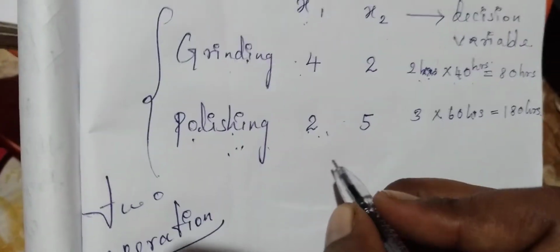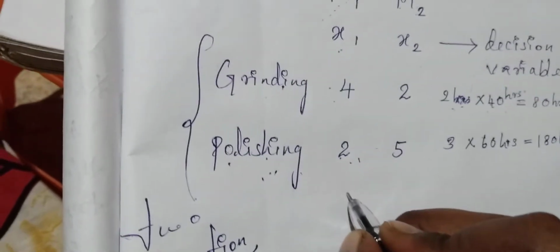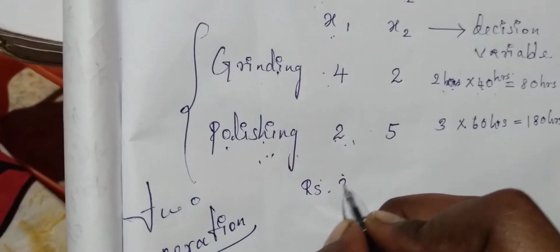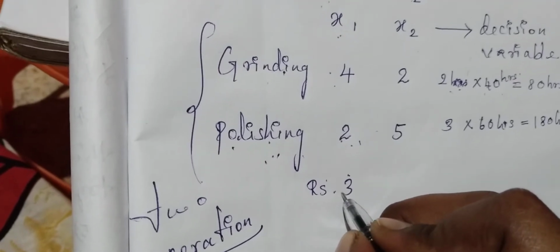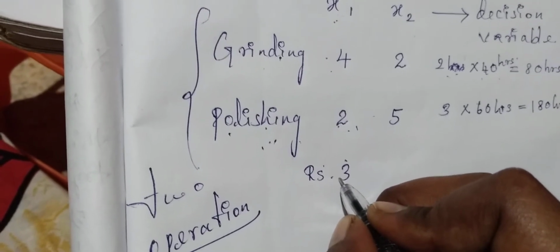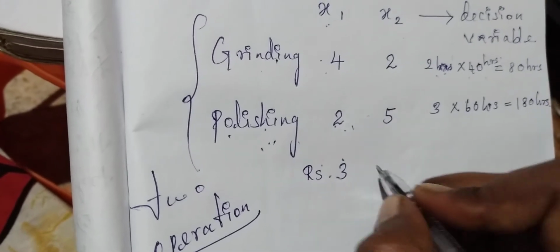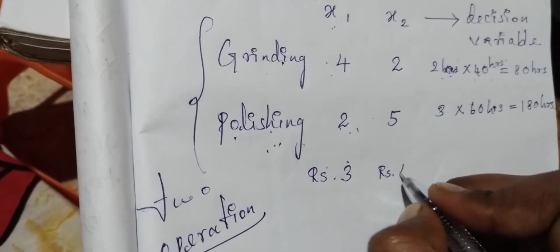Profit of M1 model is rupees 3, right? Profit of M2 model is rupees 4. This one is the profit.